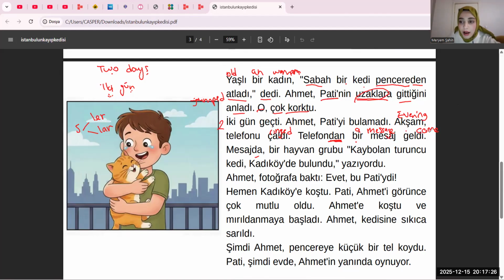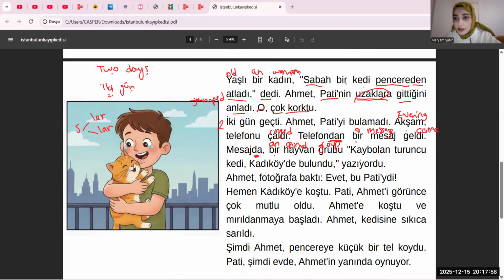Mesajda, da. So if you remember da and dan, mesajda means at the message, in the message. Bir and hayvan, animal, grubu, group. Really similar. So in the message there's an animal group. Let's see what it is saying. They're saying that the kaybolan turuncu kedi, cat.